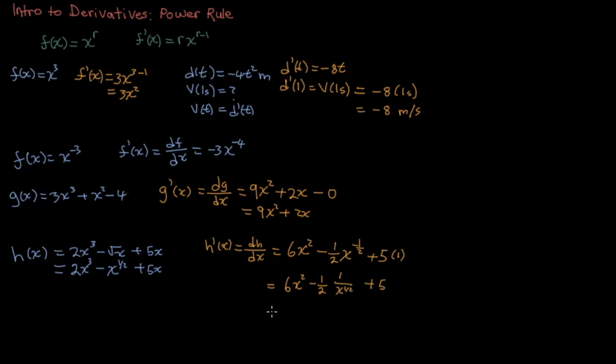And then simplifying it even further, we can write it as such. So 6x squared minus 1 over 2 times root x plus 5. Alrighty. And so there you have it.